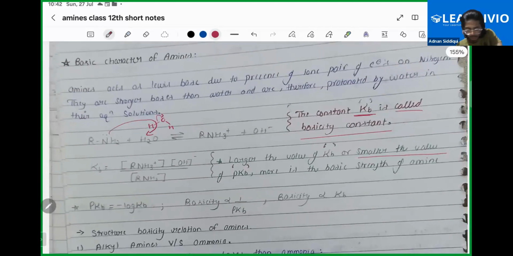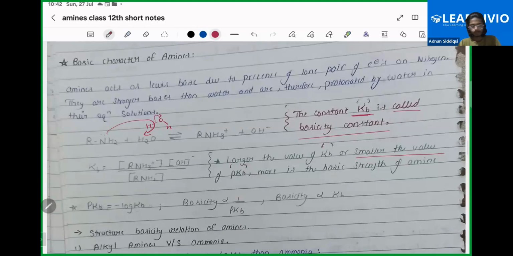Try to see it for a few minutes, then we'll move ahead. In the next topic, there is a 70 to 80% chance that you are going to get a question from there. So I will give you a short trick so you can remember it for a longer period of time. See this one for now.